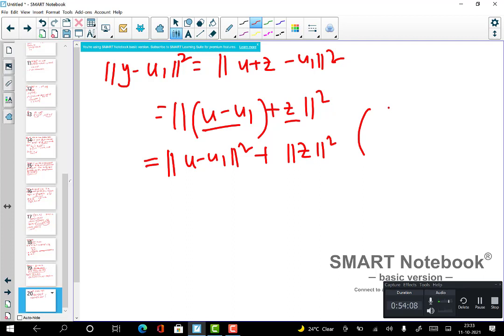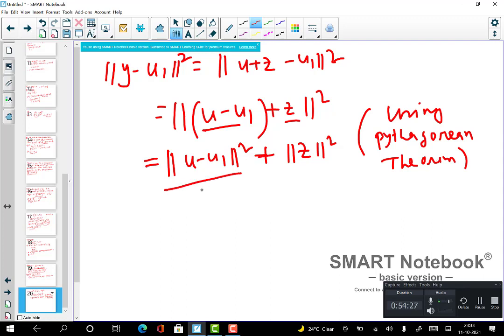Now this is using the Pythagorean theorem, right? And obviously the norm of any vector cannot be negative, so this quantity is always greater than or equal to 0, and hence this is greater than or equal to norm z, whole square. But what is z?